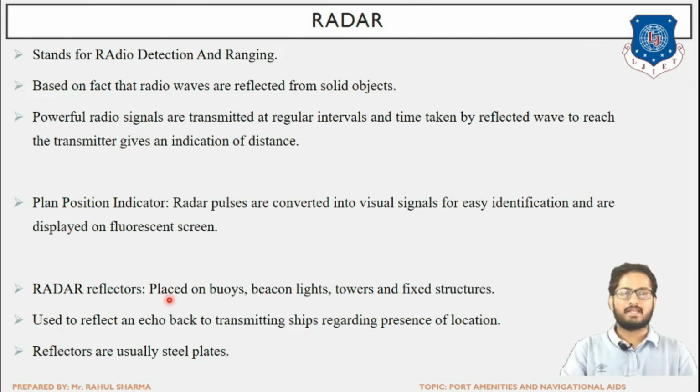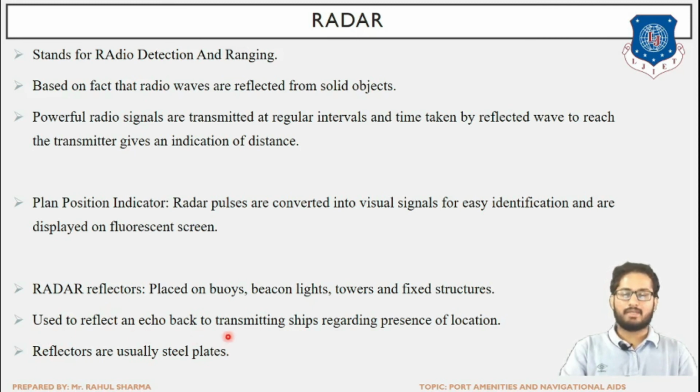Radar reflectors are placed on buoys, beacon lights, towers and fixed structure. Now radar reflectors are those reflectors which will be reflecting the wavelength which is incident on it. So we discussed that the waves are reflected from solid object. So they are incident on these radar reflectors which are placed on buoys or beacon lights or fixed structure, and these radar reflectors will reflect that wave back towards the ship, and after being caught in the radar, it will give the specific position.